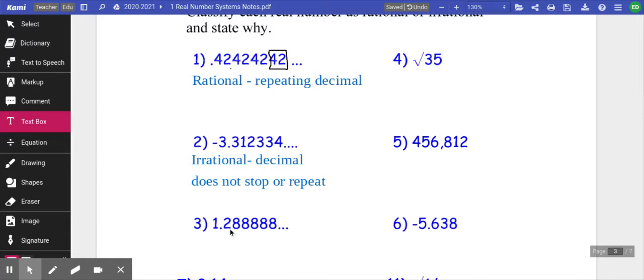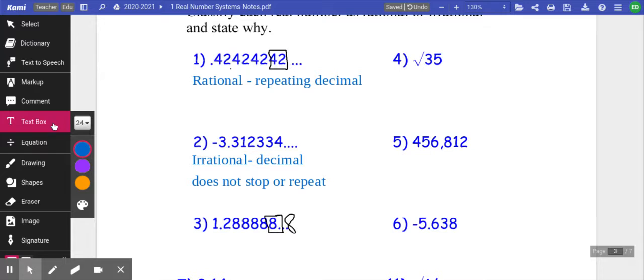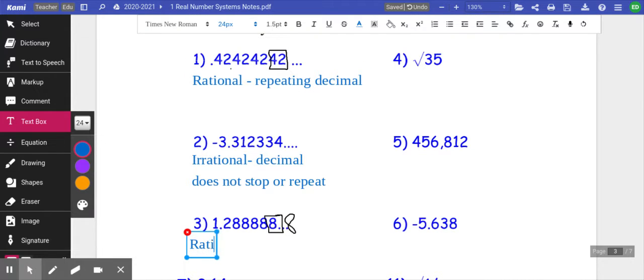Although I have this random 2 here, I have repetition of 8. So this 8 is my repeating factor here. What's going to come next would be another 8 if I wanted to keep this going. So because it's repeating, by definition, it would be a rational number because it's a repeating decimal.